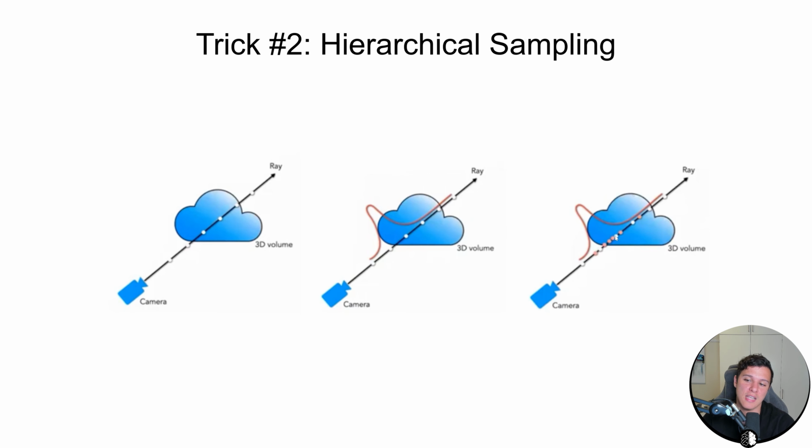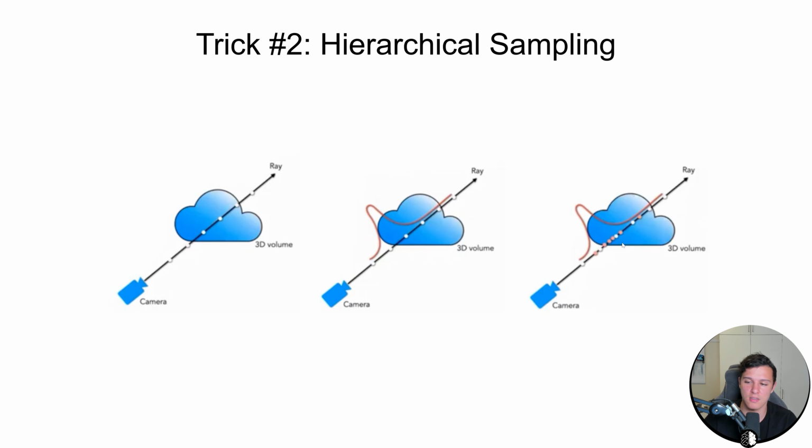So what they do is that they then sample a second time, and they choose points close to the particular object that we perceive that we have found. So the idea here is that we can use more efficient sampling by not doing uniform, but rather that we have these coarse points, these uniform distance points from each other. We get something from the network where we get that there's an object, and then we sample a second time, where there's more importance because we perceive that there's an object there.